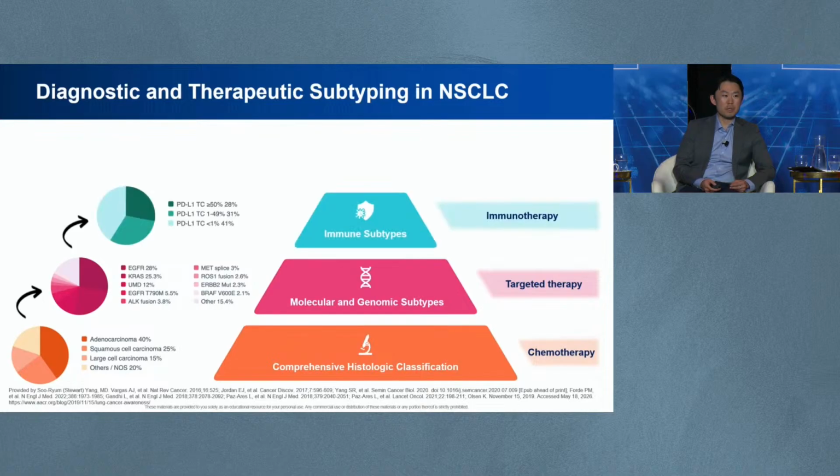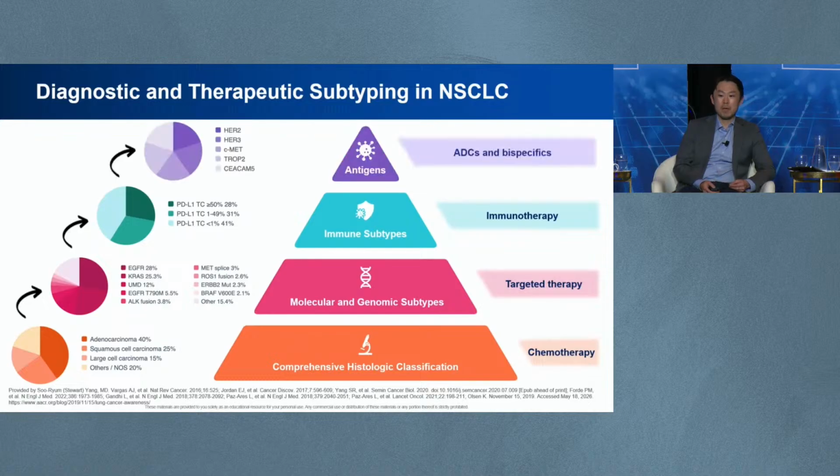And then, of course, we are starting to understand the different immune subtypes and the immune phenotypes of non-small cell lung cancer. And these are primarily classified by PD-L1 expression. And these are particularly helpful for guiding the use of immunotherapies, which have been transformational for our patients. And then more recently, we are starting to exploit tumor surface antigens as potential therapeutic targets for this emerging class of inhibitors like antibody-drug conjugates and bispecific therapies.